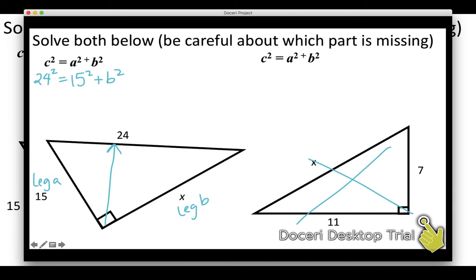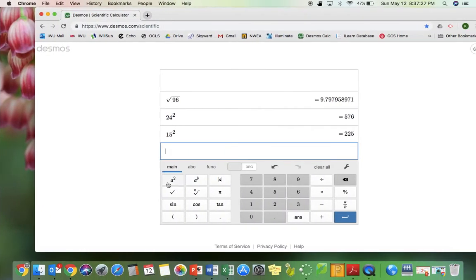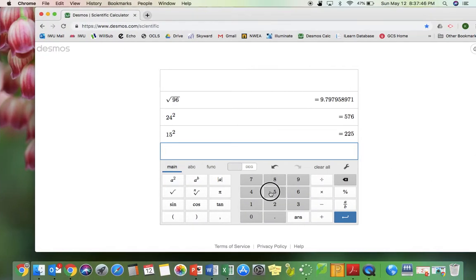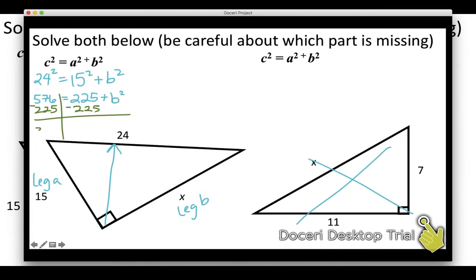So 24 squared is 576, which is equal to 15 squared, which is 225. Okay, I'm going to subtract 225 from both sides. So 576 minus 225, and I get 351. 351 is equal to B squared.